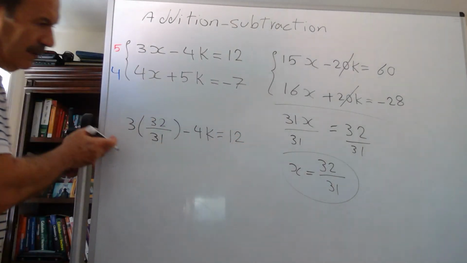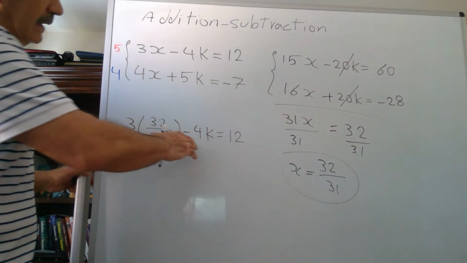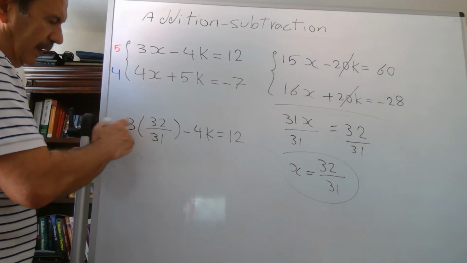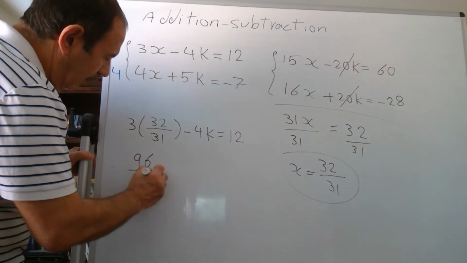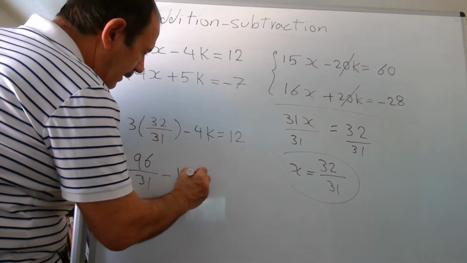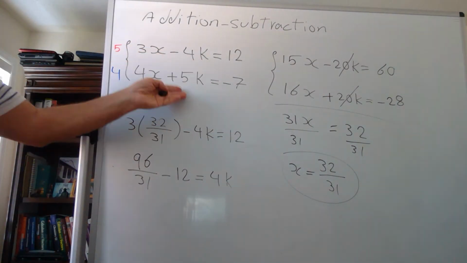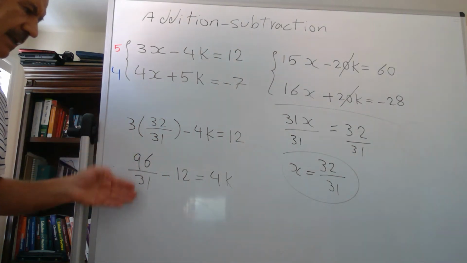Can you see in this equation, we have only k as unknown. If I move this 4k to the other side and this 12 to this one and simplify 3 times 32, it's going to be 96 over 31 minus 12 is equal to 4k.